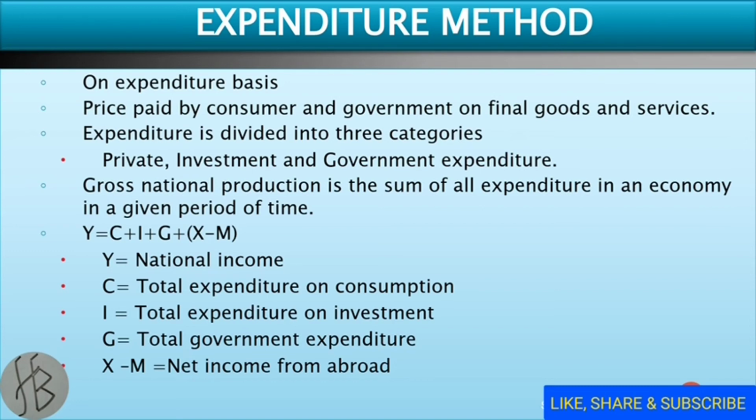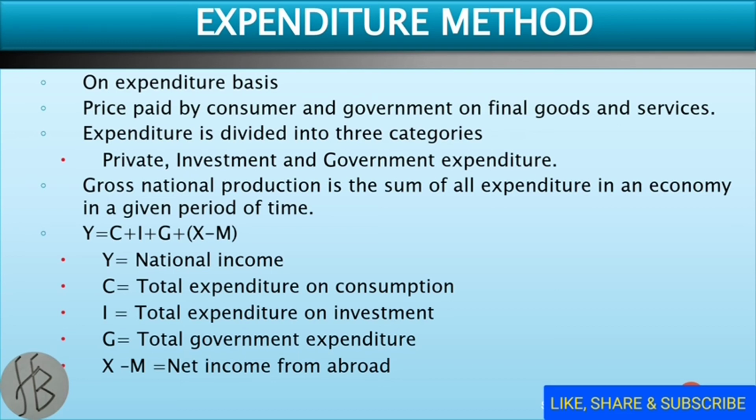This results in capital formation in an economy. Finally, government expenditure includes all the expenditure done by the government in a country. So, we can say the gross national production is the sum of all the expenditure in an economy in a given period of time.